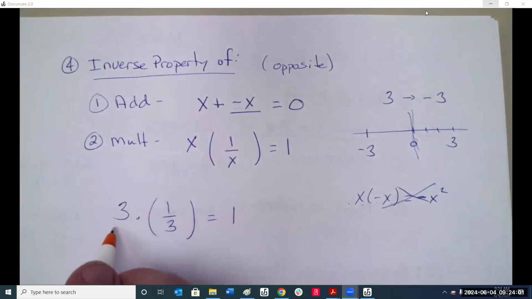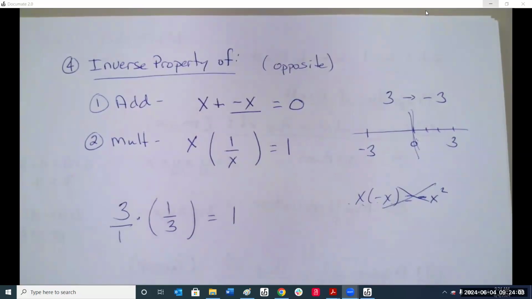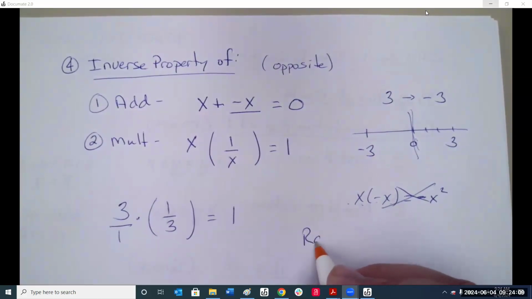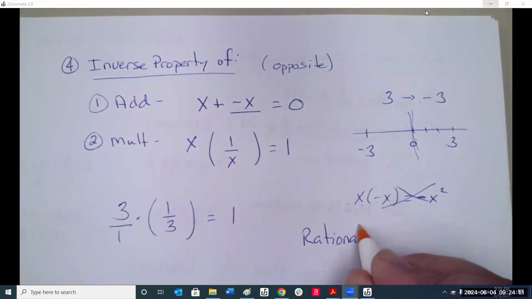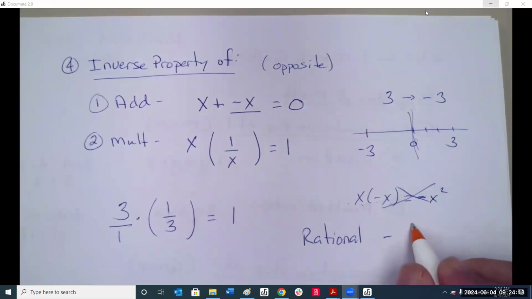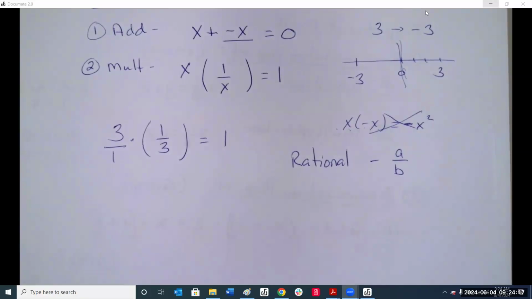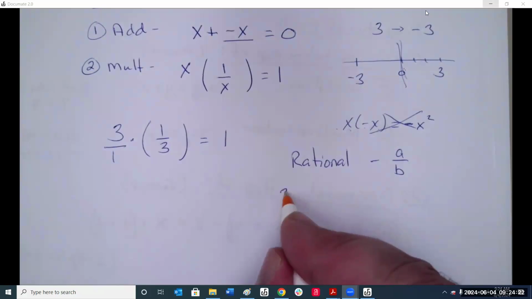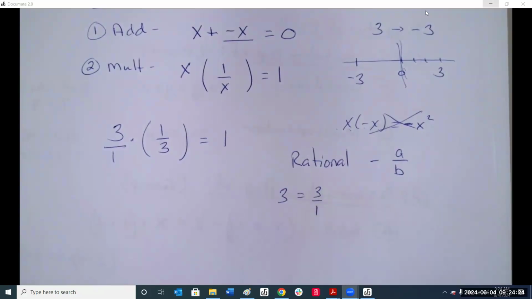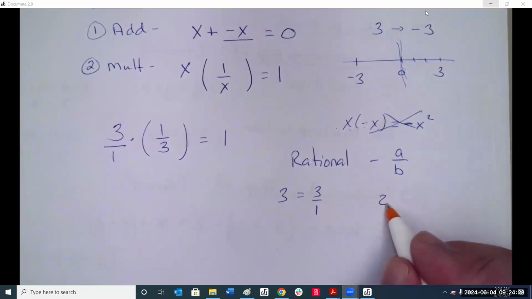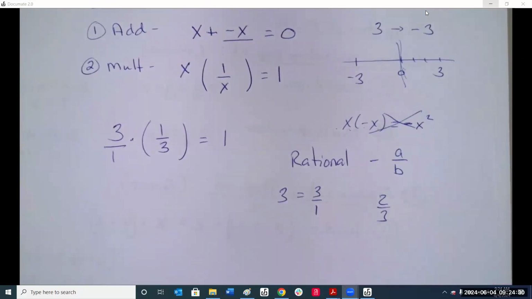Exactly. Every number is a fraction. Those are called rational numbers. Every number can be written like that. 3 can be written as 3/1. 2/3, that's already a fraction.